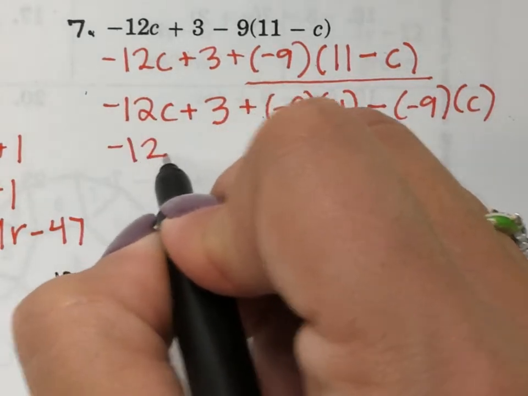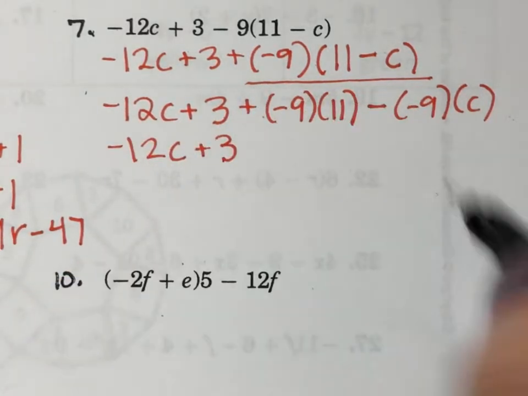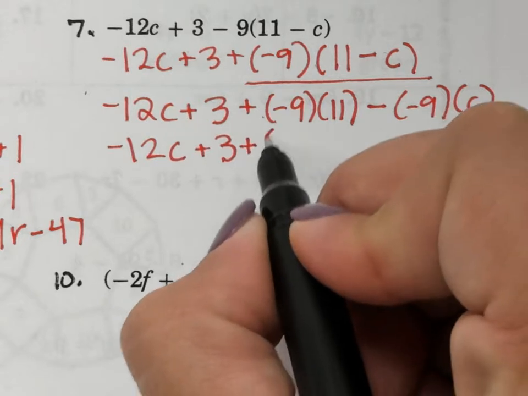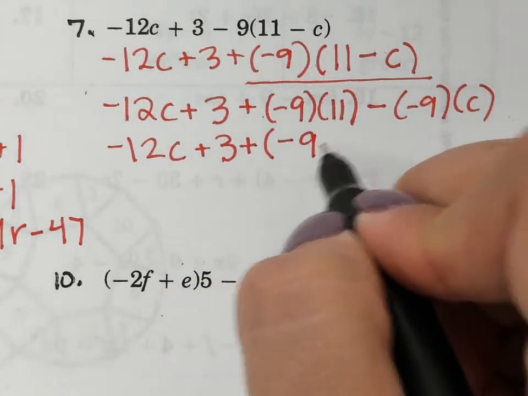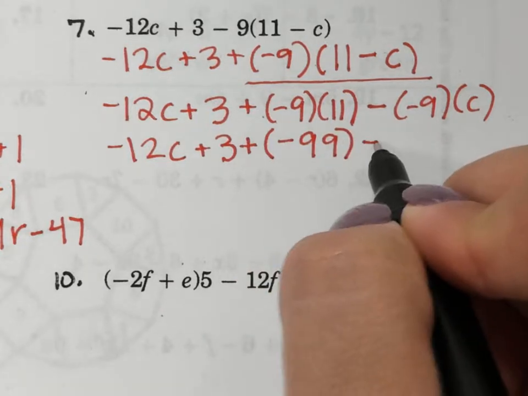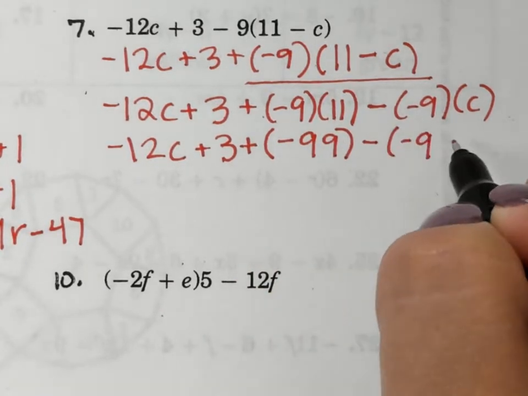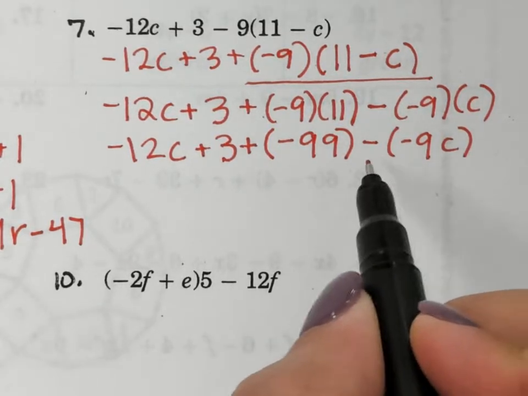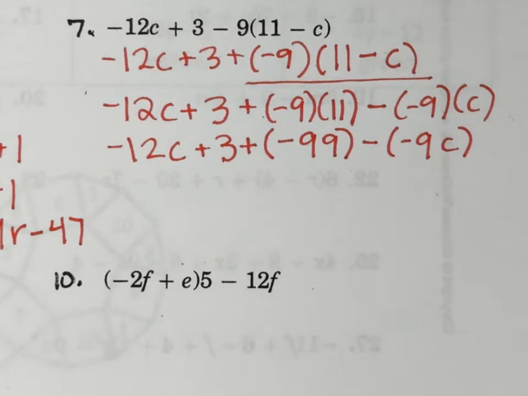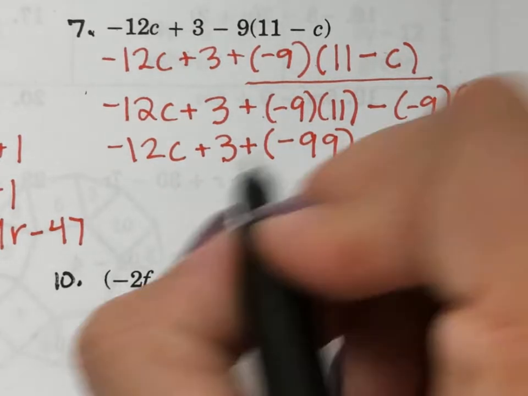So I have negative 12c plus 3 plus, what's negative 9 times 11? Negative 99 minus negative 9c. What about my minus negative 9c? What can I change there? Change it to a plus.